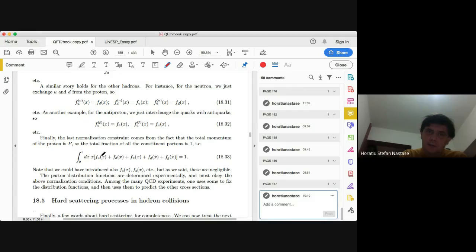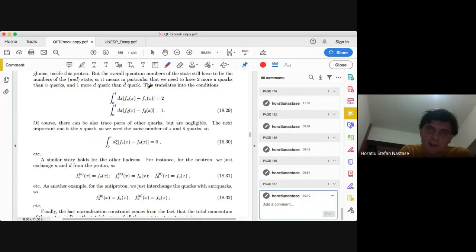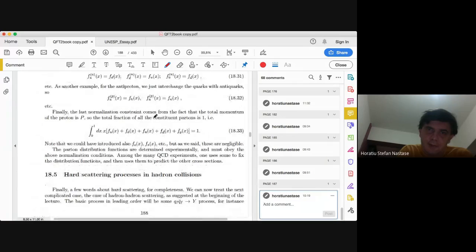So for the proton, I write U and D, and U bar and D bar, because of this relation I also considered the pairs. And then I also consider F for the gluons.